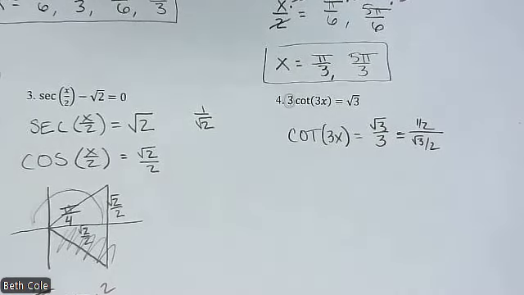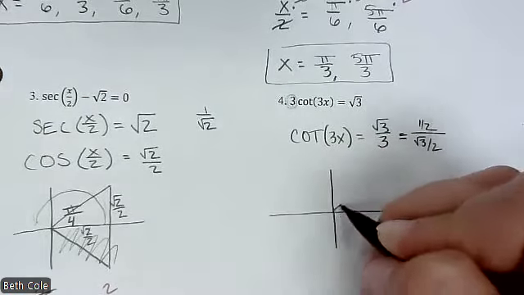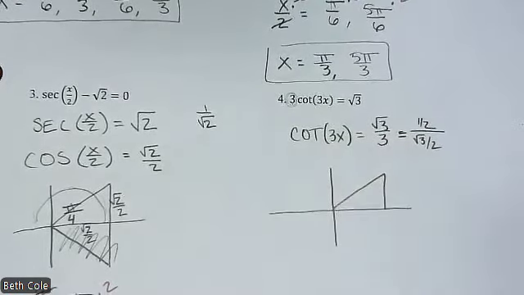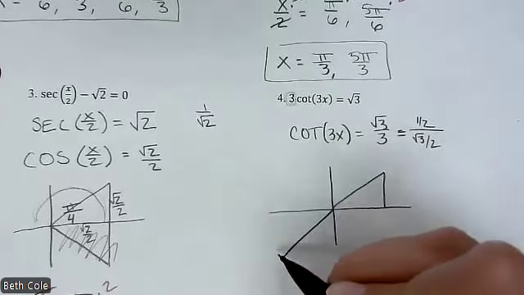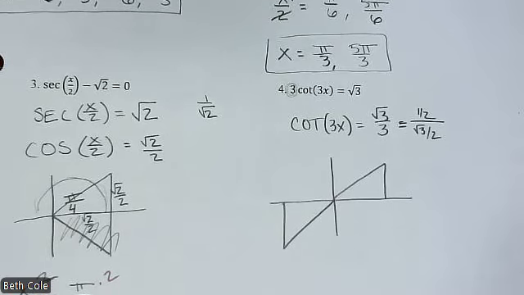Now here's how my brain does tangent and cotangent. They're catty-cornered from each other. What I mean by that is they go across from each other. If this is positive, you need to be in quadrant 1, and then the other one would be quadrant 3. The tangent and cotangent go across from each other.